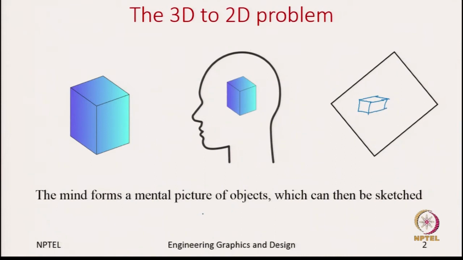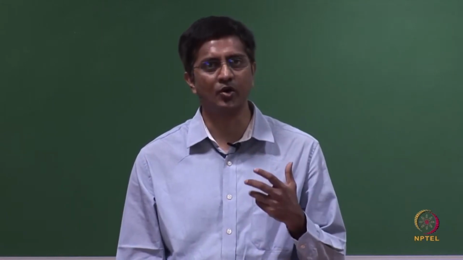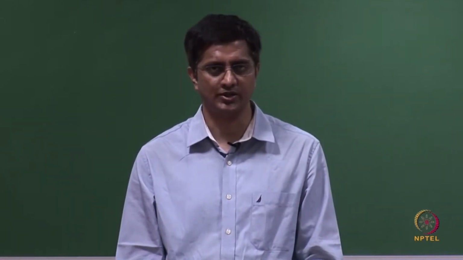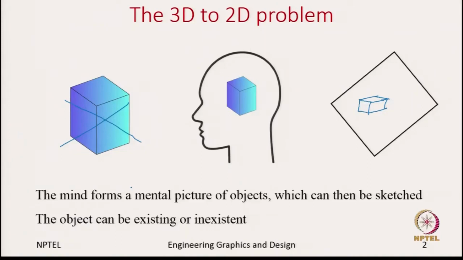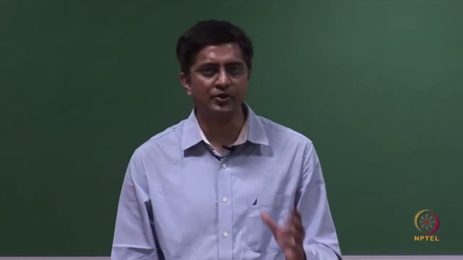What is interesting here is the mind is so powerful that you really do not need to have an object. If I do not even have this object and the mind can picturize it, then we should be able to draw it on a 2D sheet or the paper. So, let us see how to solve that 3D to 2D problem.